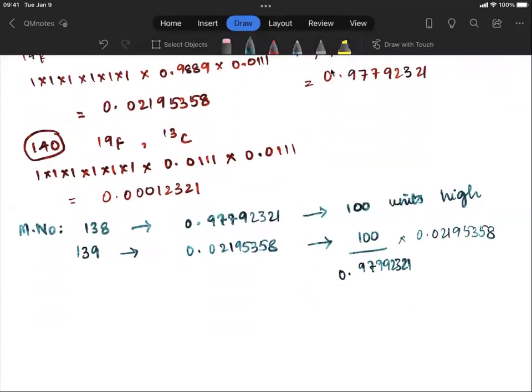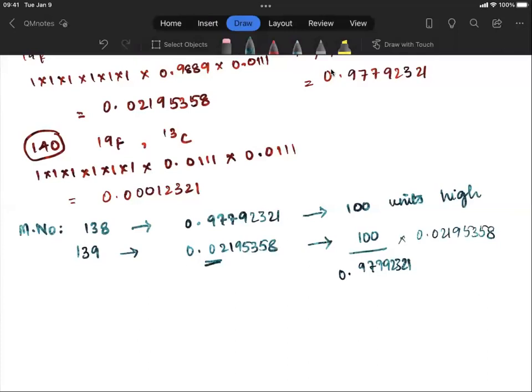So if a probability as high as almost 97% has a height of 100 units, a probability as low as only 2% is going to have a height of 100 divided by the 97% multiplied by 2%.